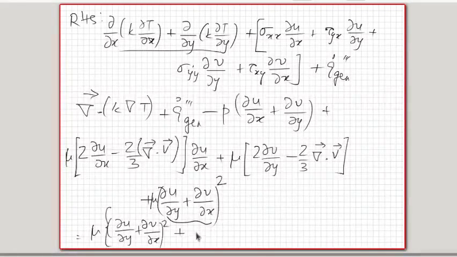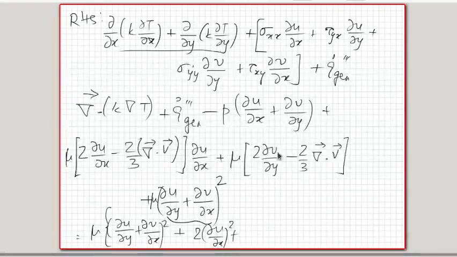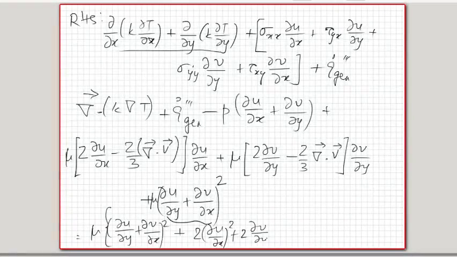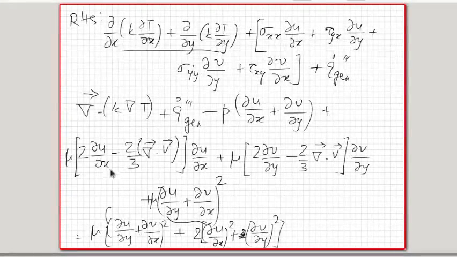So there will be twice of del u by del x the whole square plus here similarly there is a del v by del y here. So plus twice del v by del y the whole square. So I can actually keep this 2 outside and write this. So this term is done and this term is done.